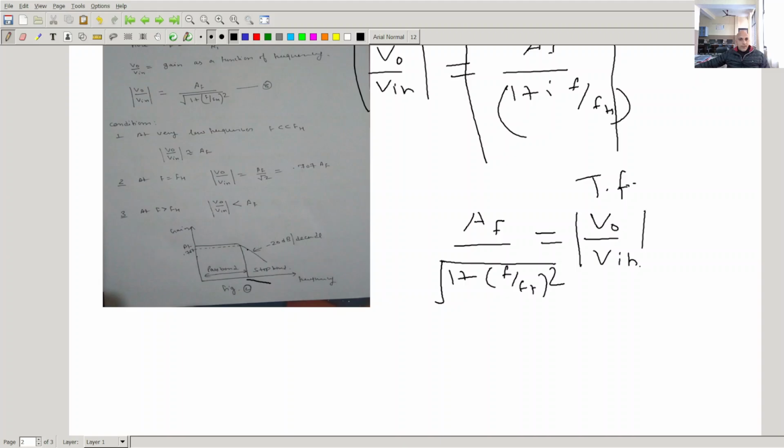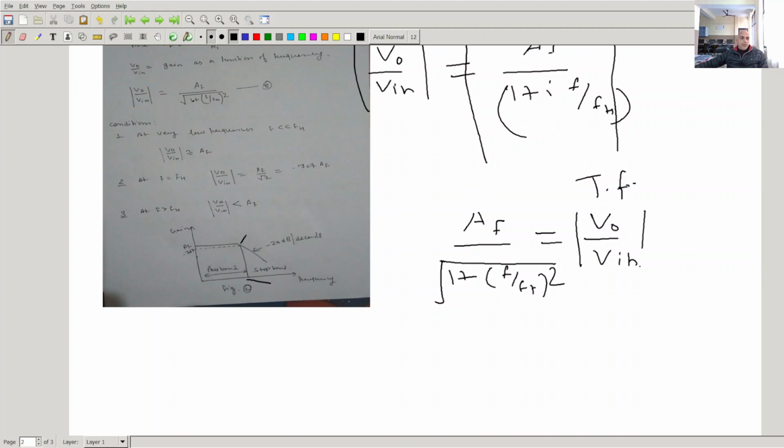When F is equal to FH at this point, it is 0.707 AF. And when F is higher than FH, then we can ignore this FH.